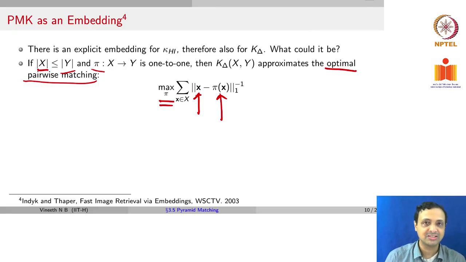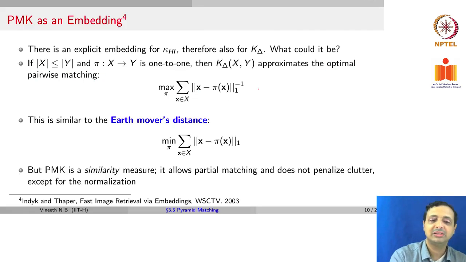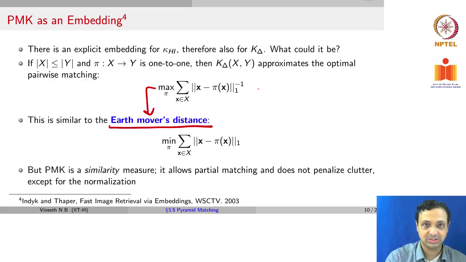Remember, the reciprocal of the distance gives you a sense of similarity. For those of you who are more familiar with distance metrics, you would find that such a representation is similar to what is known as the earth mover's distance, which is given by the minimum over pi of the L1 norm of x minus pi of x.